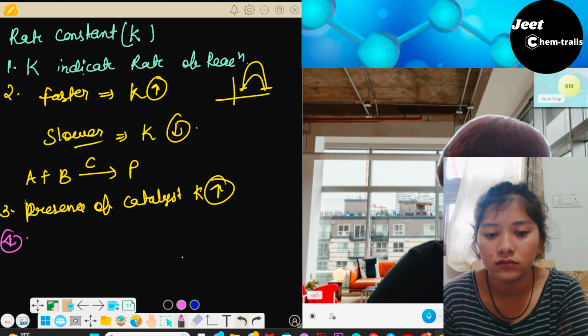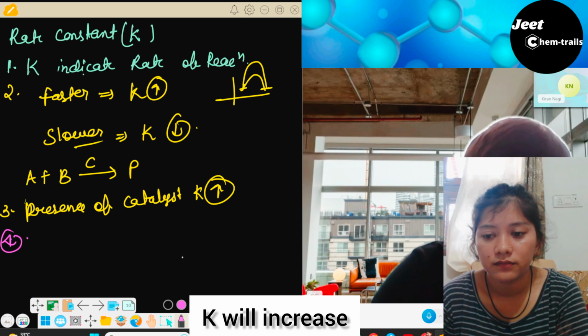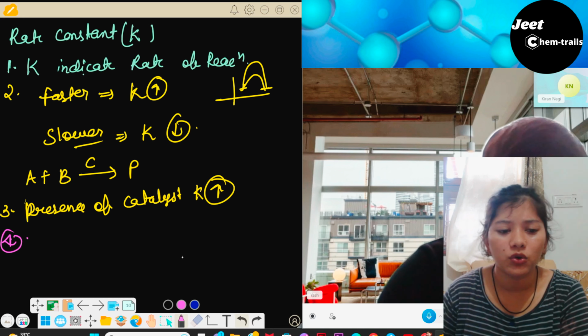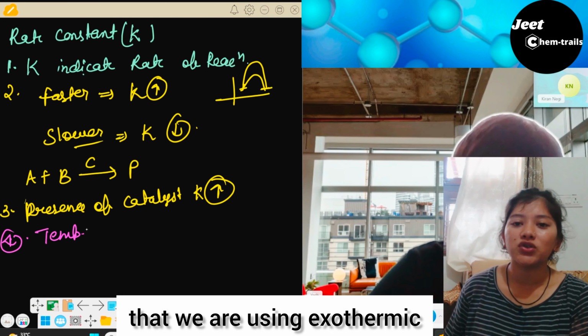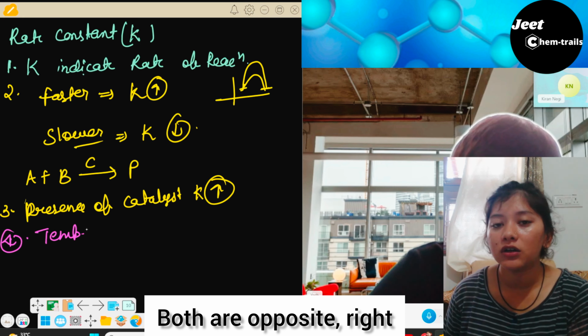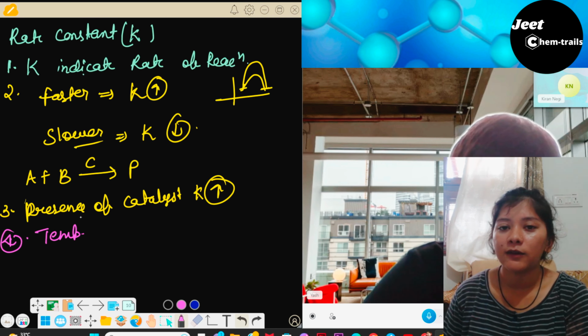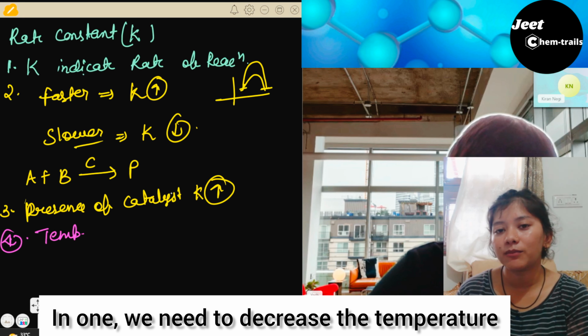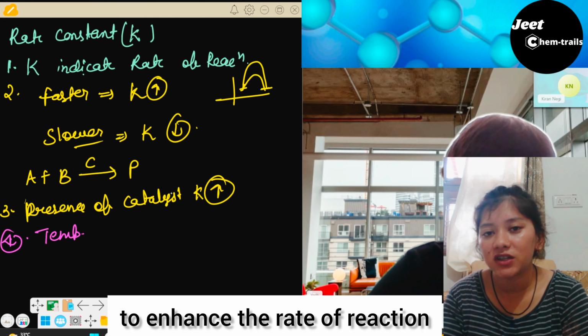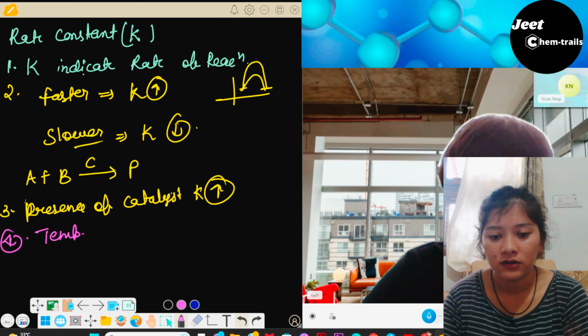K will increase. Yeah, obviously. So in that same thing, temperature, but just remember that we are using exothermic and endothermic conditions. Both are opposite, right? In one, we need to increase the temperature. In the other, we need to decrease the temperature to enhance the rate of reaction. Correct?